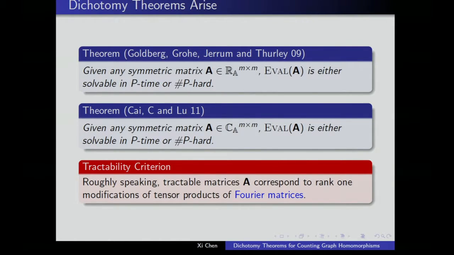But roughly speaking, tractable matrices correspond to certain rank 1 modifications of tensor products of those Fourier matrices you saw before, which I'll define in a few slides. And I would like to point out that these 3 words, rank 1 modifications, have a lot of work hidden behind them.